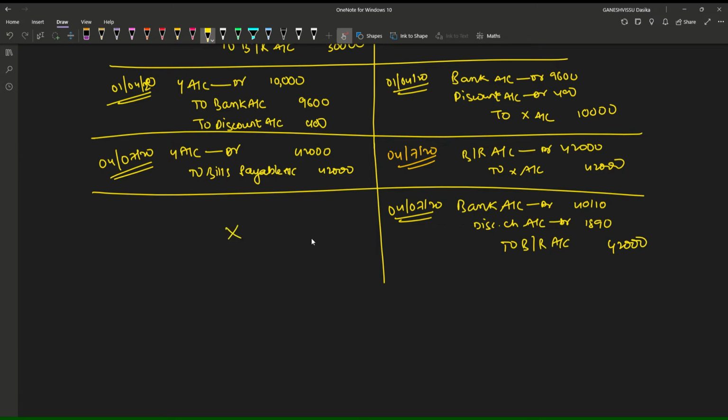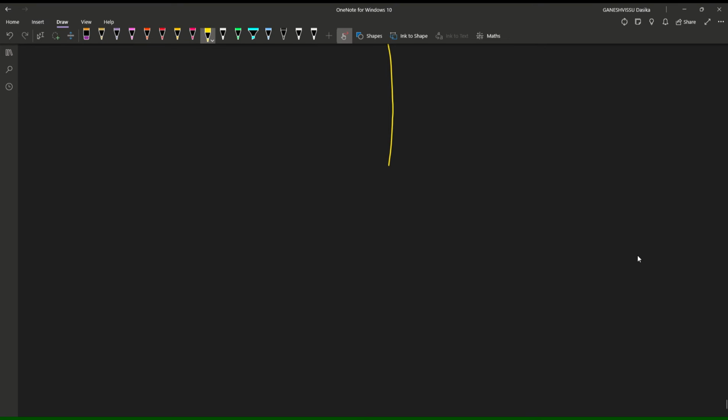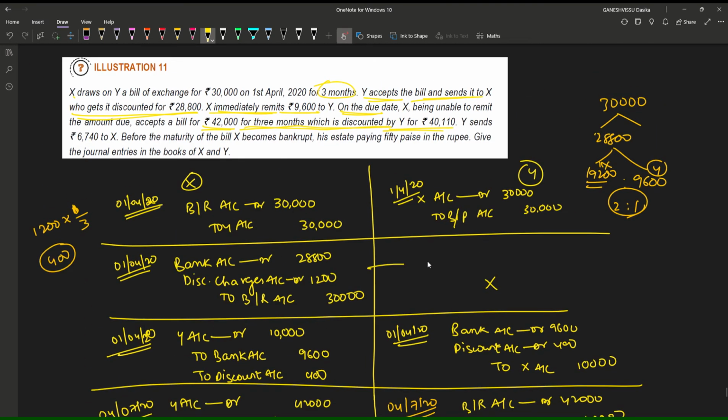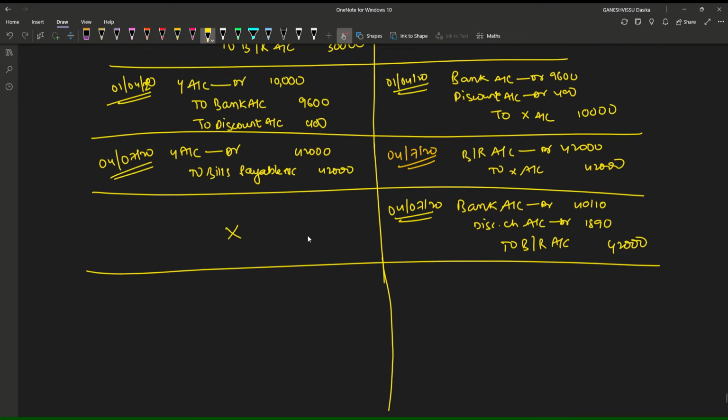And there is no relation with X, because the discounting entry is not X's, so we can write no entry here. The same thing is applicable.